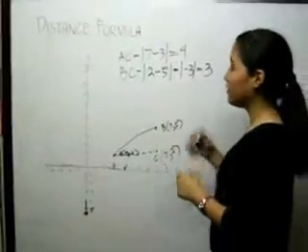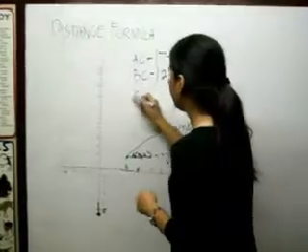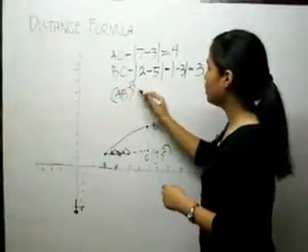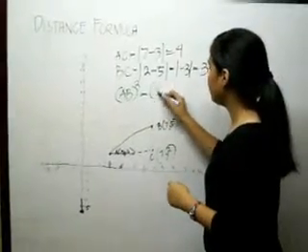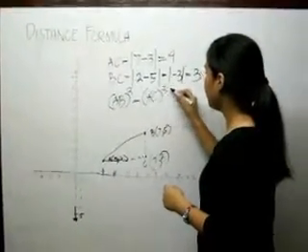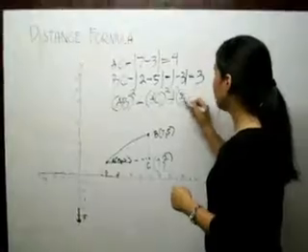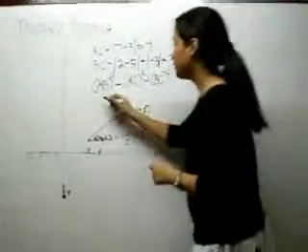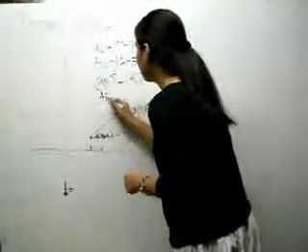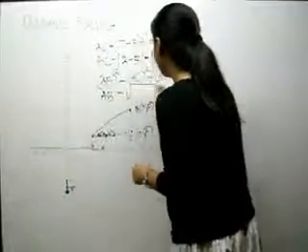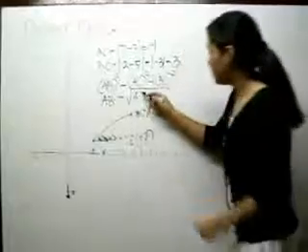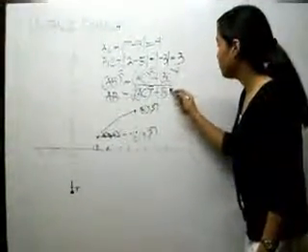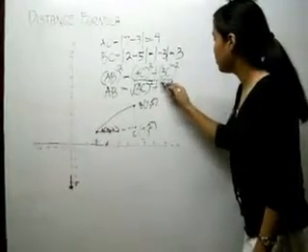Now, by using the Pythagorean theorem, we know that AB squared is equal to AC squared plus BC squared. Now, AB is the square root of AC squared plus BC squared.